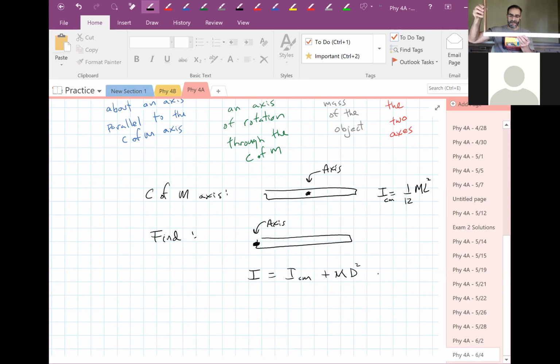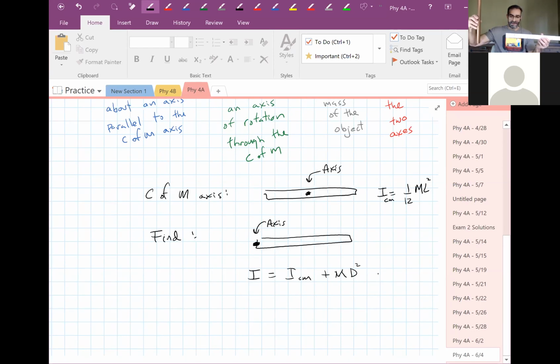You say, is there an axis parallel to this one that goes through the center of mass of my rod? Yes, there is. And is that on the formula sheet? Yes, it is. It's 1/12 ml squared. So then I can use my parallel axis theorem to find the rotational inertia about this axis. Or I could use it to find the axis over here, part way between the two.